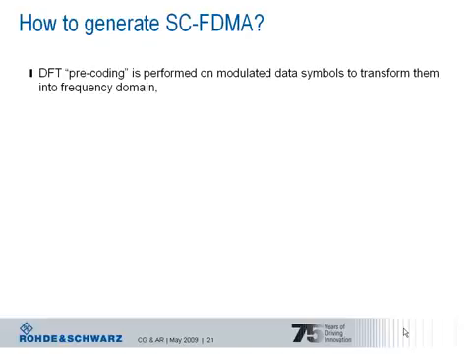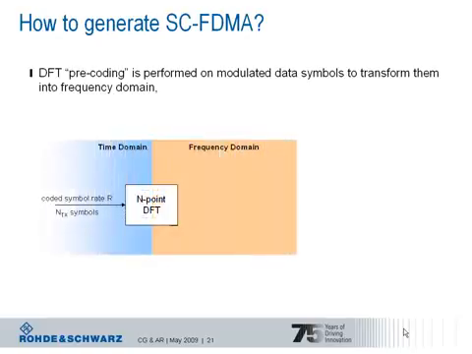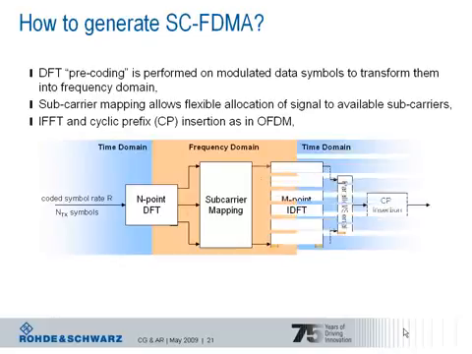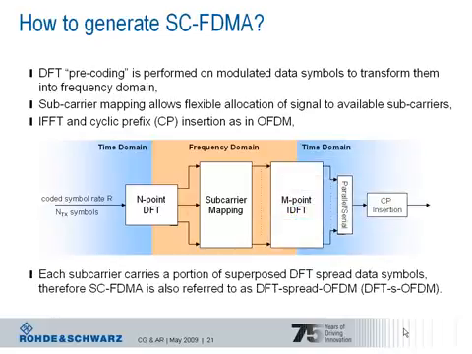Afterwards, there is subcarrier mapping as in OFDM and an IFFT to transfer the signal from the frequency domain into the time domain. After the parallel serial conversion, the cyclic prefix is inserted. The last two blocks are the same as for OFDM, so there's no difference to the downlink signal generation chain. The DFT precoding is the essential difference between downlink and uplink.